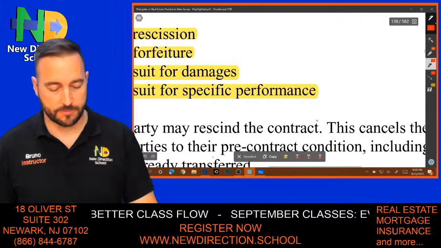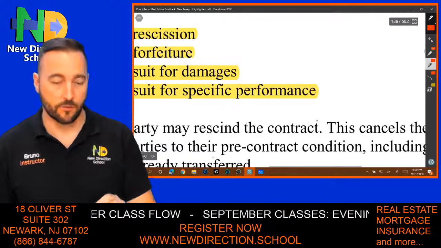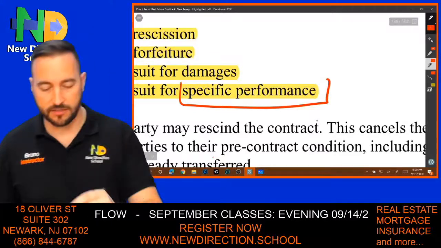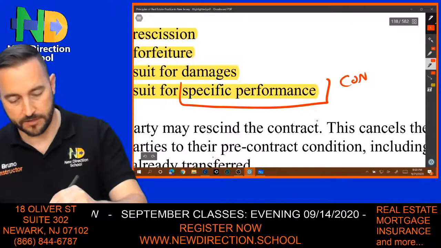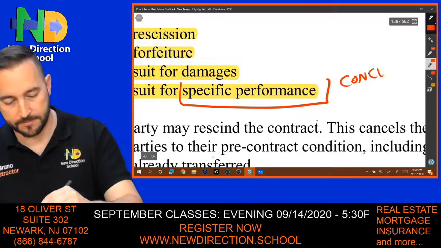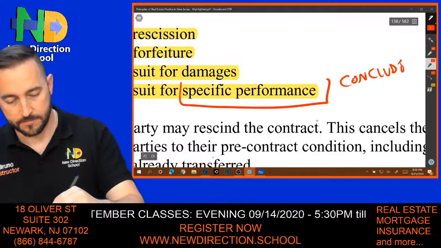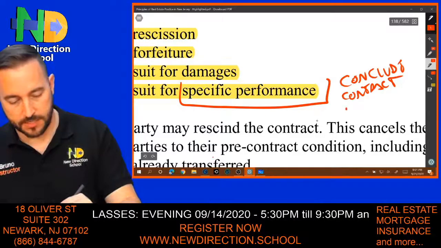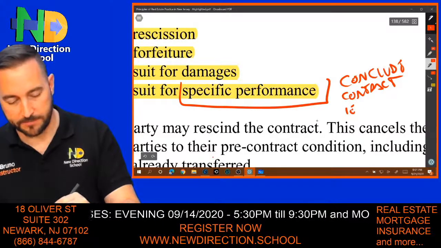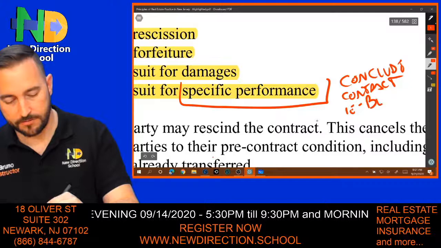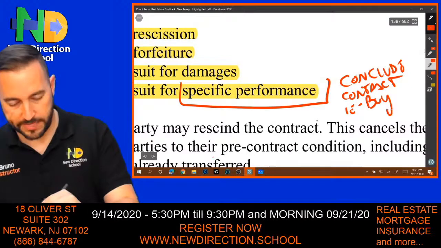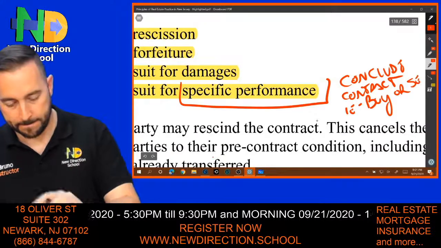Under specific performance, the words specific performance mean to complete the contract or conclude the contract. Okay? So as an example, to buy or sell.